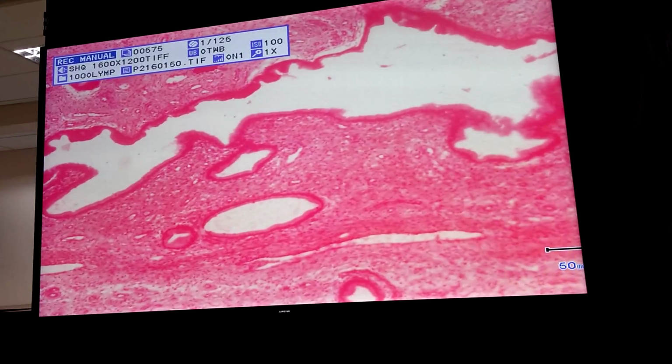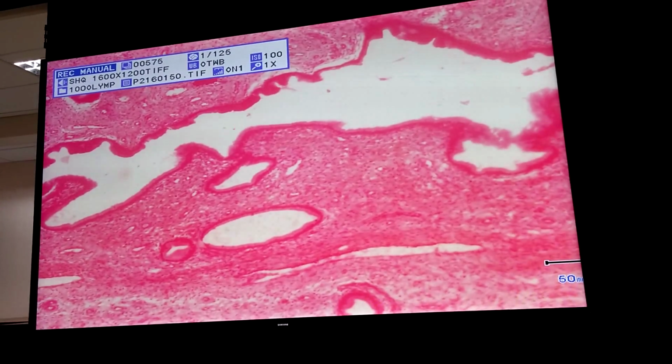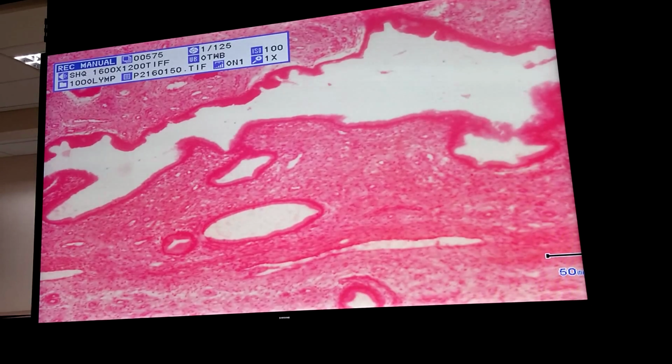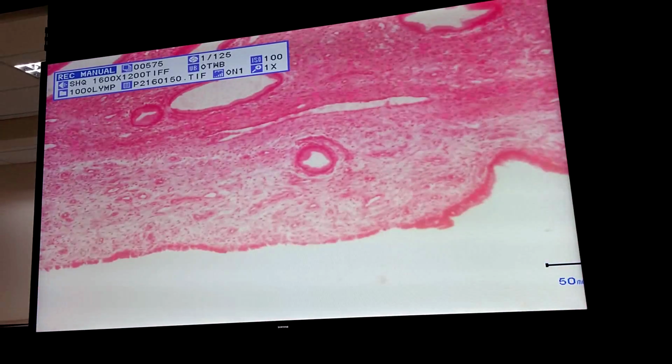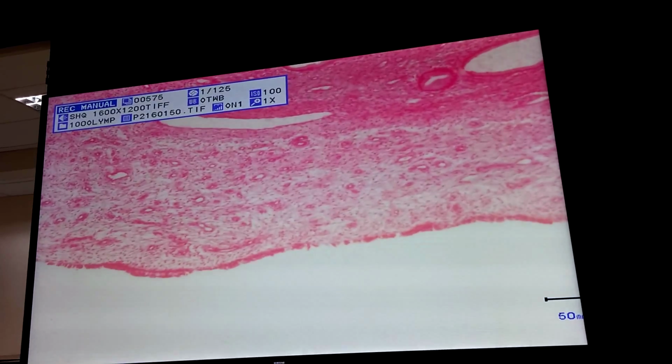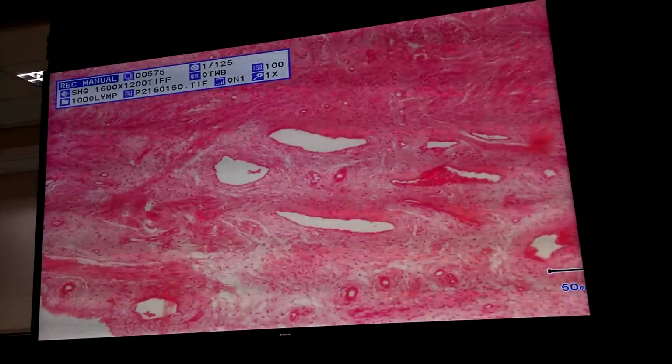So, okay, the endocervical glands. And then how do you call the junction between the simple columnar epithelium and the stratified squamous epithelium of the cervix? Okay, simple columnar, and then unfortunately na-erode na yung epithelium.